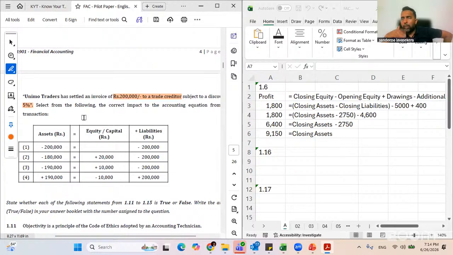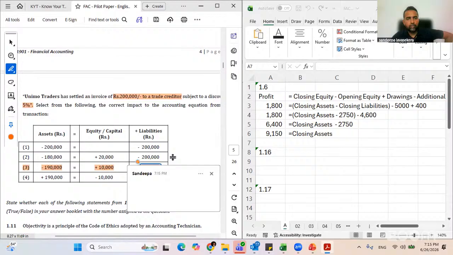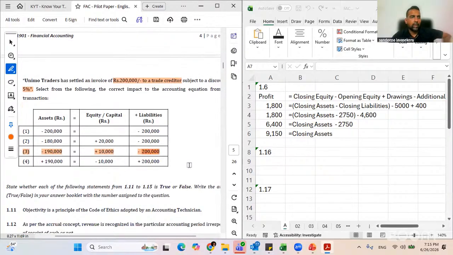But you are going to pay only 190,000 because you are getting a benefit of 10,000. So cash will come down by 190,000 and you are going to recognize the benefit of 10,000. Liability comes down by 200,000. Right. So the correct answer would be number 3.